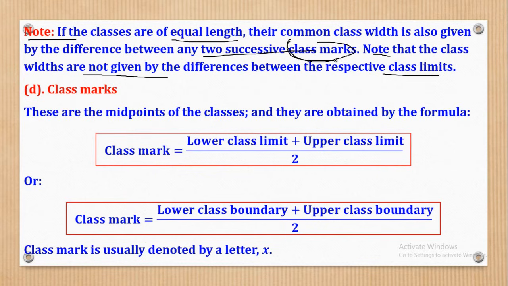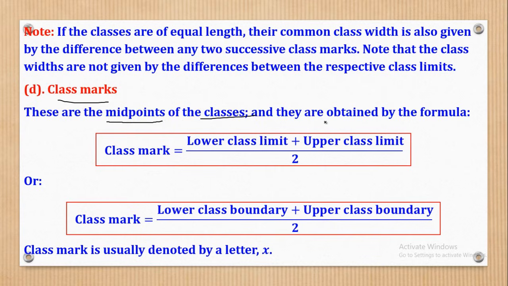So what is a class mark? Class marks are the midpoints of classes, and they are obtained from this formula. You can get the average: lower class limit plus upper class limit over 2. It also works. Or you can get it from class boundaries by saying lower class boundary plus upper class boundary over 2. Any of the two is okay. That class mark is usually denoted by the symbol x.